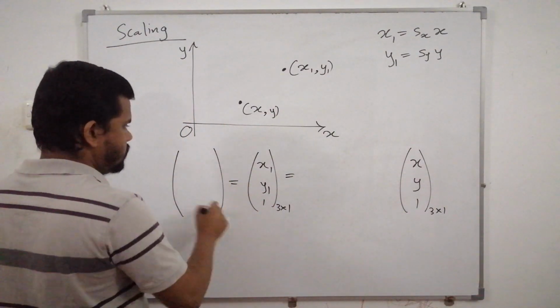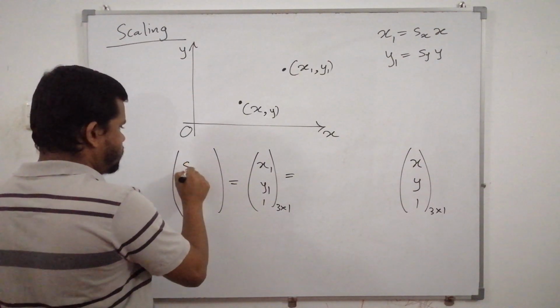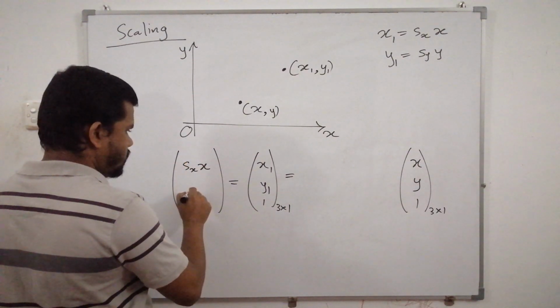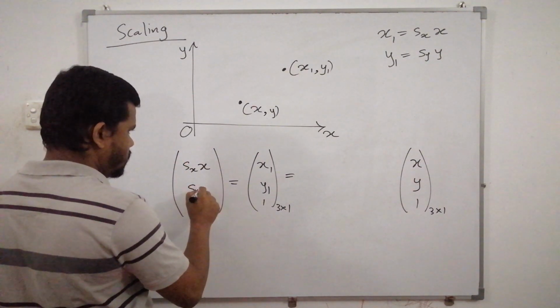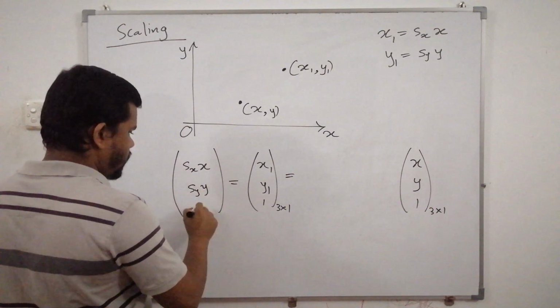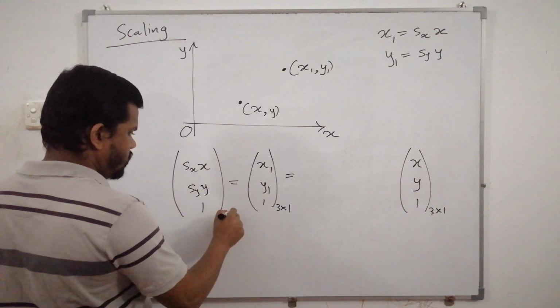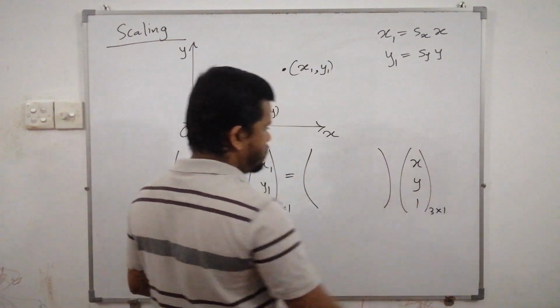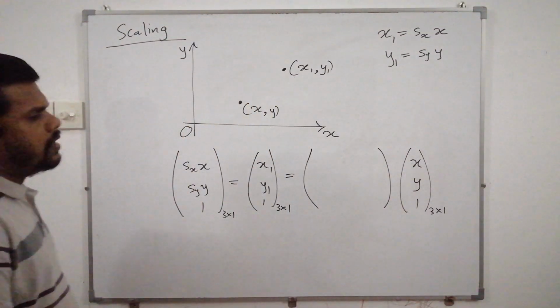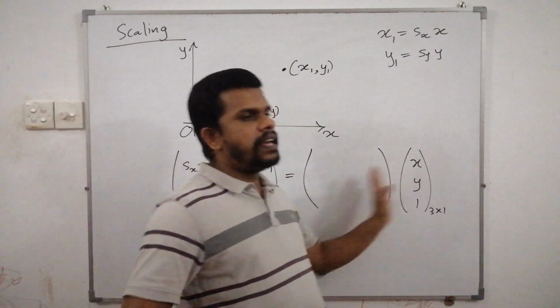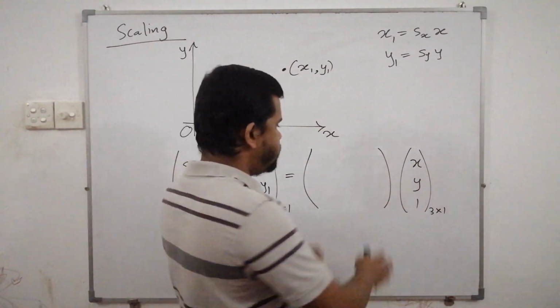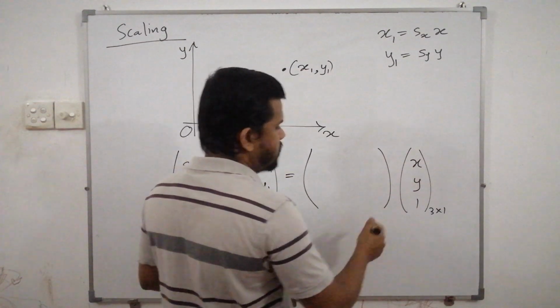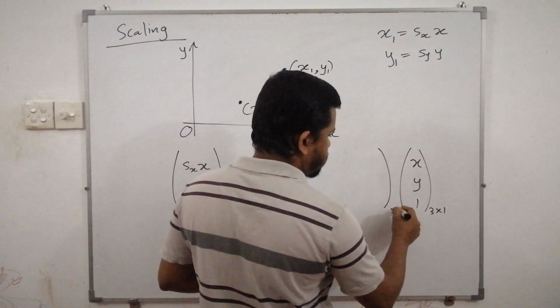Here x1 means sx into x, y1 means sy into y, here 1. So now we have to find the matrix. In order to be able to multiply these two matrices, the type of this matrix must be something cross 3.